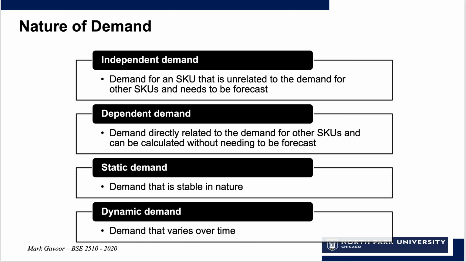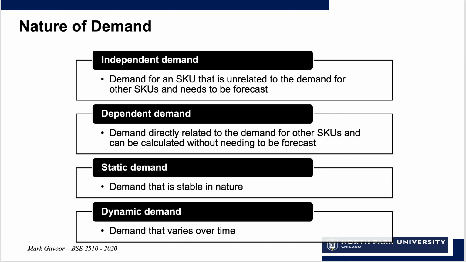If I'm going to sell 500 bicycles in the next month, and let's assume they're all the same, there's only one SKU of bicycle I'm looking at. For each bike, I need a set of handlebars. That's a dependent demand. So I need 500 handlebars. I need 500 times 2 wheels, as these bicycles have 2 wheels.